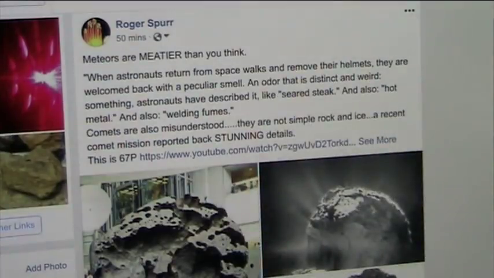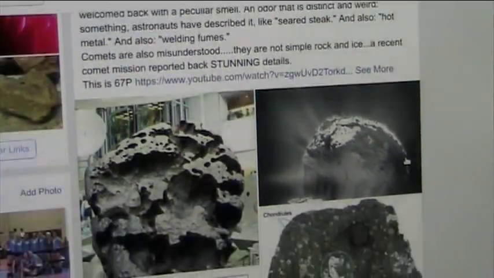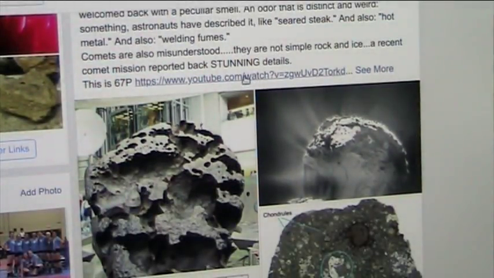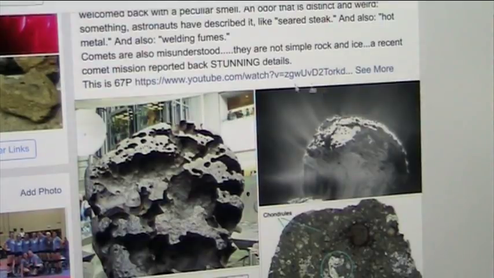There is no oxygen in space to speak of, so the combustion is not complete. They are considered harmful cooking gases by the CDC, actually. They're polycyclic aromatic hydrocarbons. Now, comets are also misunderstood. Same thing. Look at this.